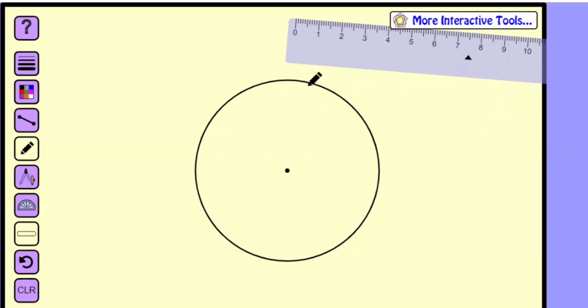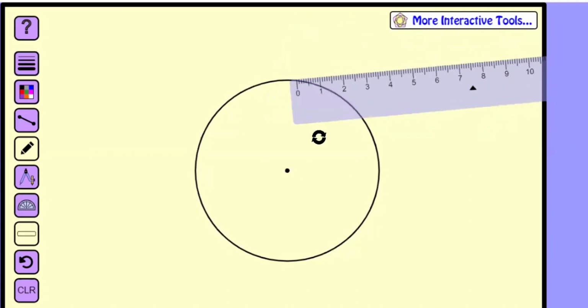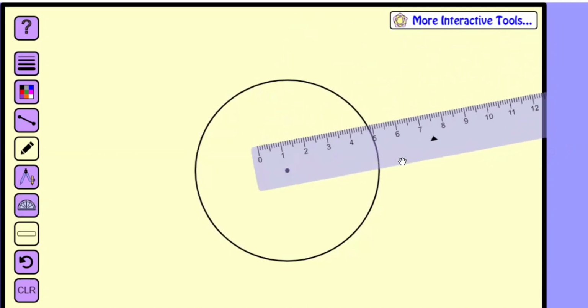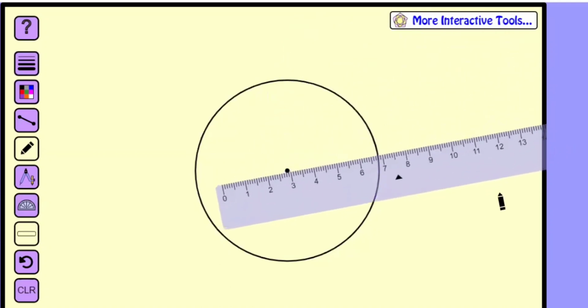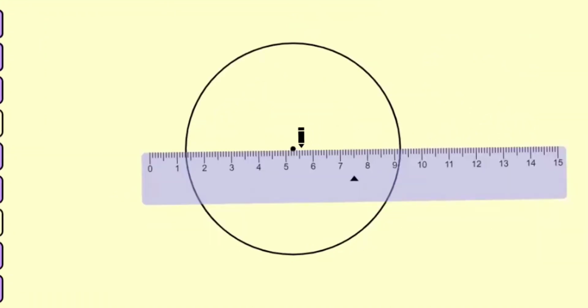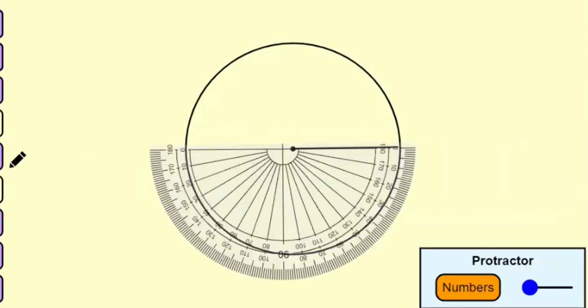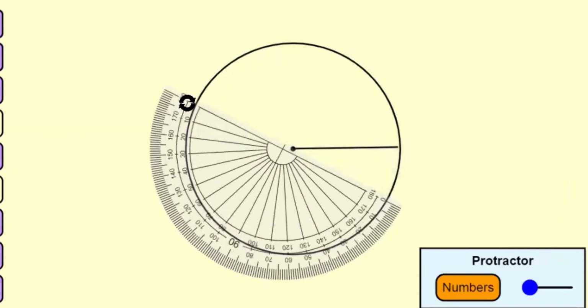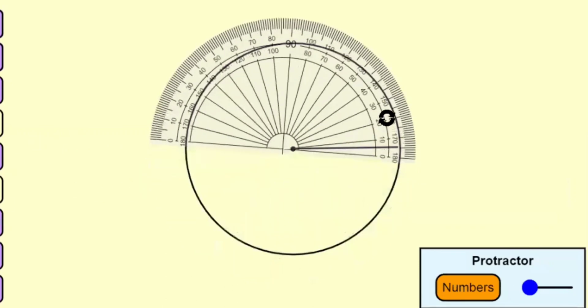This is the circle. So let us first draw the radius. So we have drawn the radius. Using this radius, we're going to draw the first angle. Using a protractor, the first angle is 90 degrees. Let us measure the 90 degrees now.